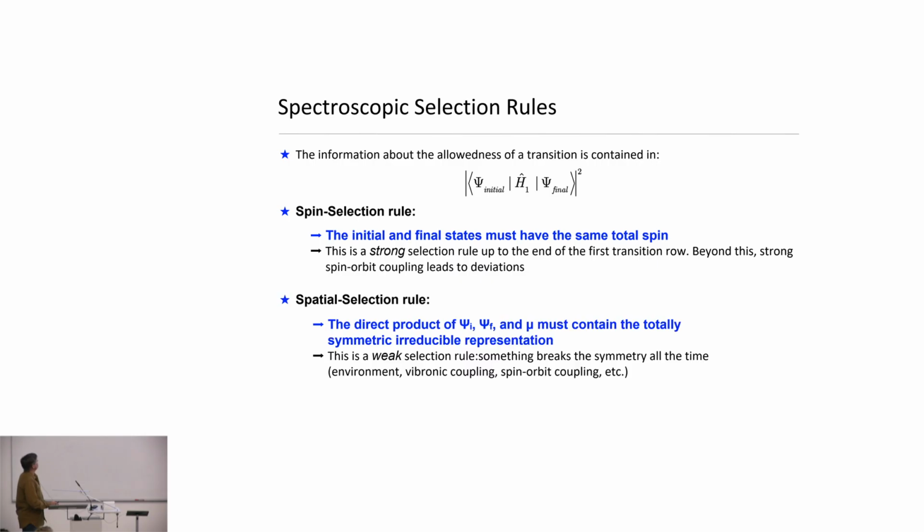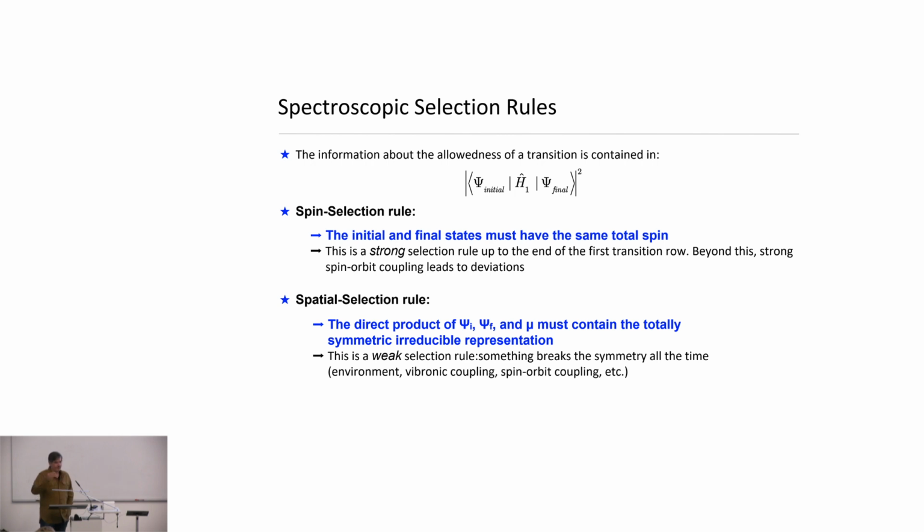Yeah? Then the second selection rule is the spatial selection rule, and that states that the direct product of the initial and final state wave functions and the components of the dipole operator must contain the totally symmetric irreducible representation. That's a relatively weak selection rule because there is a whole laundry list of mechanisms to break that, but it's a very good first orientation.